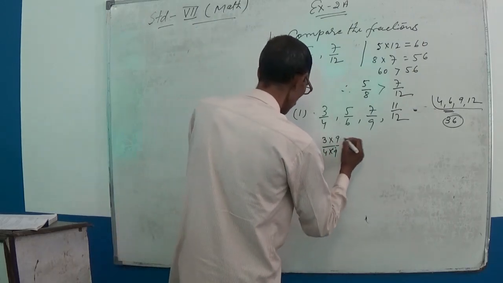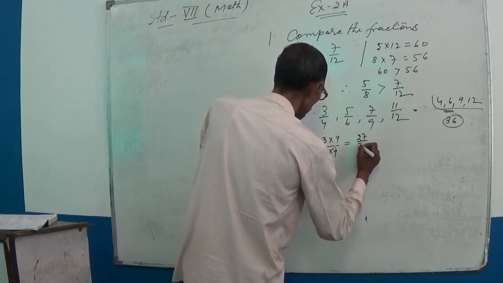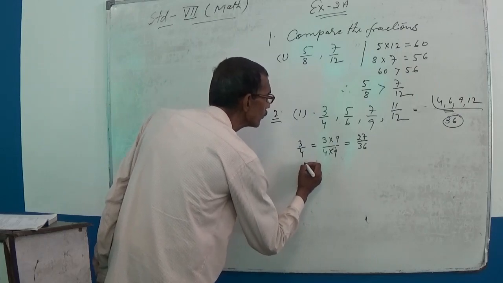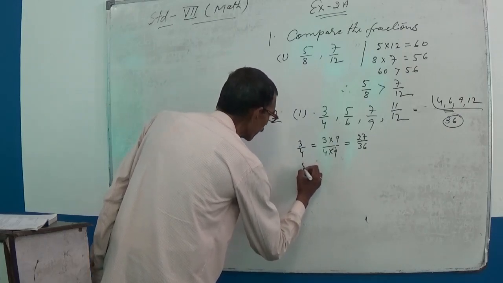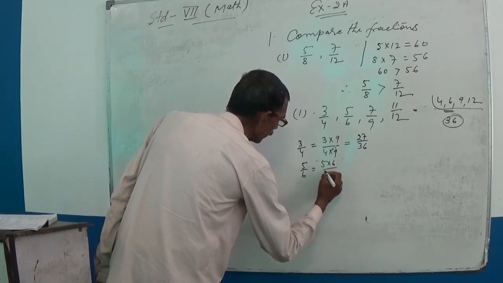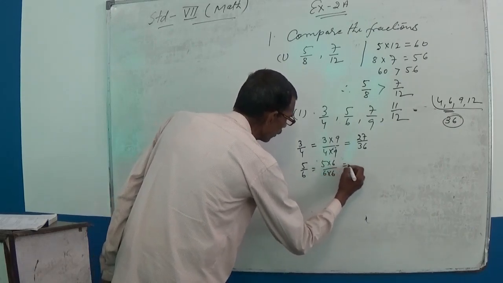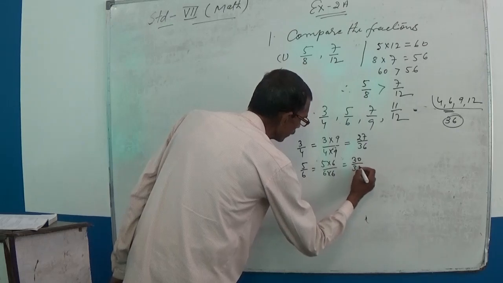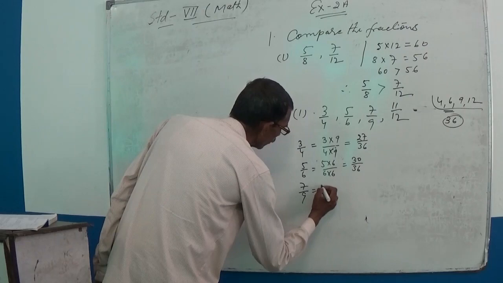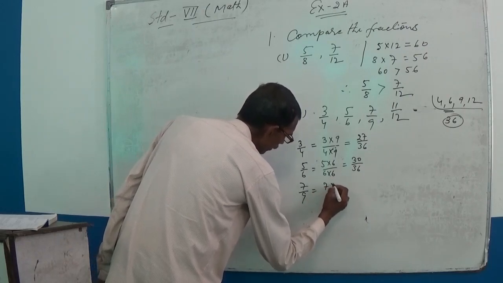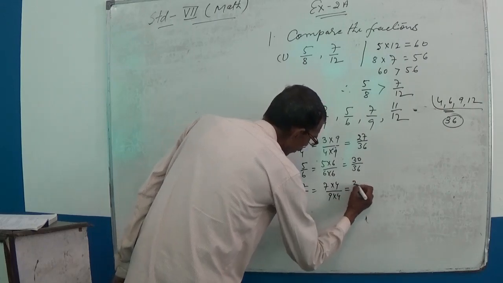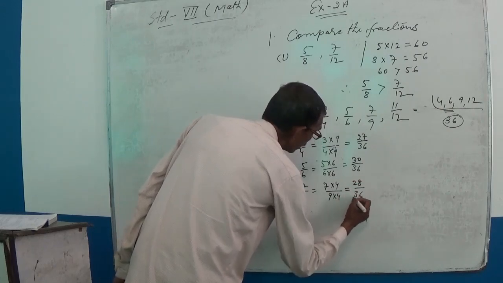Here I get 27 by 36. 5 by 6 is equal to 5 into 6 by 6 into 6, which is 30 by 36. 7 by 9 is equal to 7 into 4 by 9 into 4, which is 28 by 36.